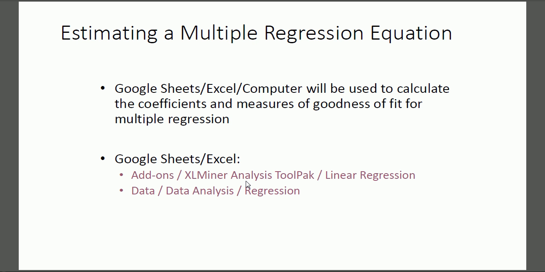Here's a tiny preview of how I'm doing this. I'm using the add-on called XLMiner in Google Sheets, and I'm choosing linear regression. You could also do this in a very similar way with the data analysis tool in Excel. Okay, separate video on that.